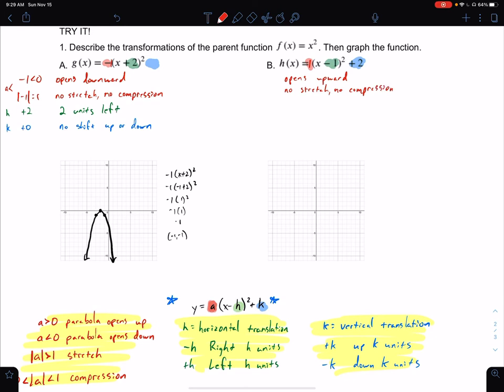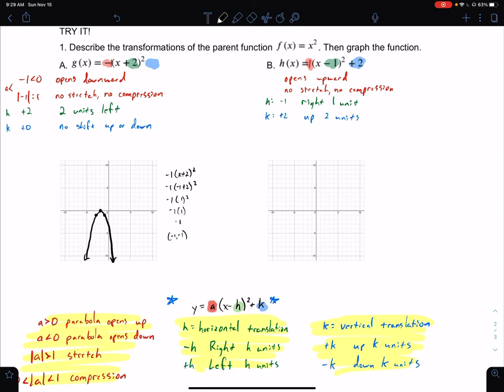The h value, so we have a minus 1 here. That tells me that it is going to go right 1 unit. And then for my k value, it's written as plus 2, so that tells me it's going to go up 2 units.